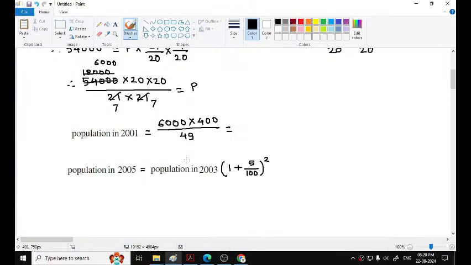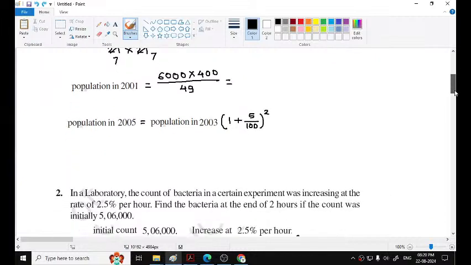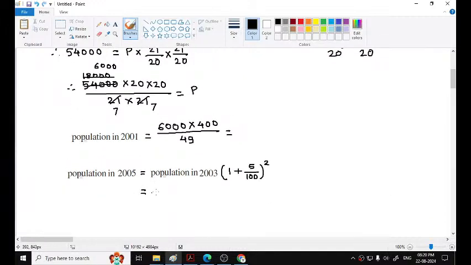Now the next part of the question is what would be its population in 2005. So we have population in 2003. By using this we can find out population in 2005 as population in 2003, which is 54,000 into 1 plus 1 upon 20, that can be written as 54,000 into 20 plus 1 upon 20 squared.